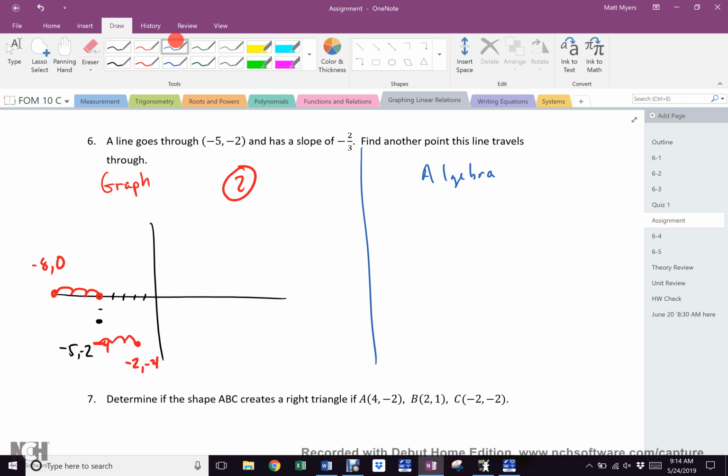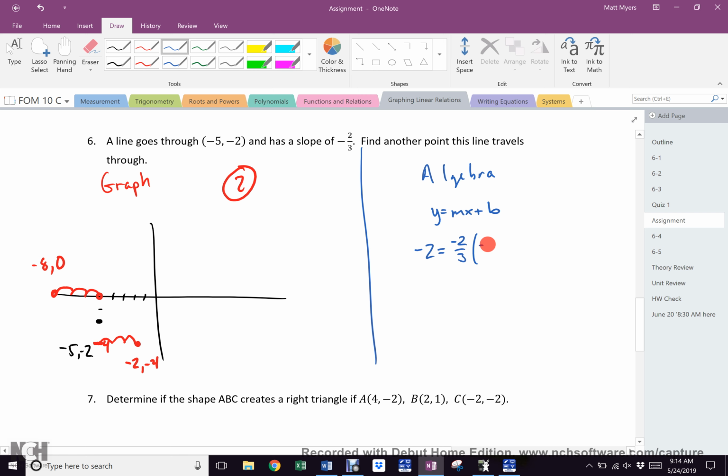What is the equation of a line that we know? y equals mx plus b. Do I have a y value right now? What is it? -2 equals. Do I have an m value right now? Yes, I do. -2/3. Do I have an x value right now?